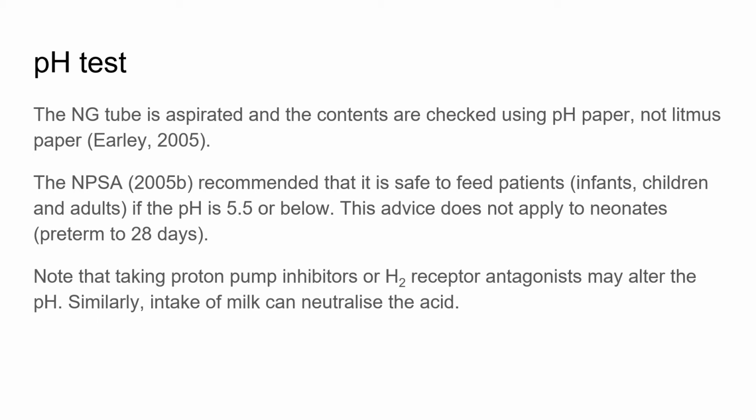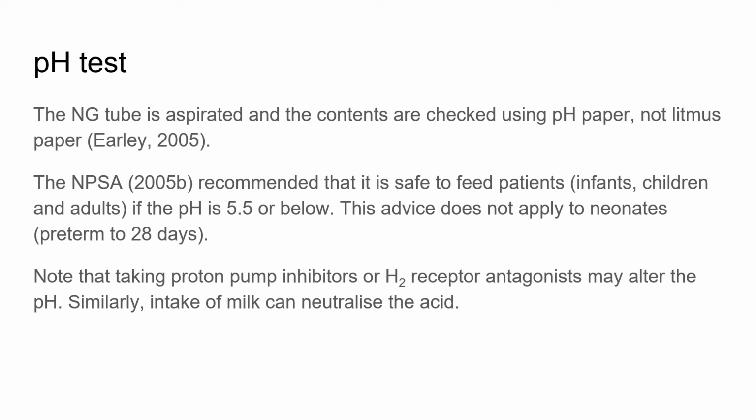Note that taking a proton pump inhibitor or H2 receptor antagonist may alter the pH. Similarly, intake of milk can neutralize the acid. So in such conditions, you have to be very cautious. If the patient has taken proton pump inhibitors, H2 receptor antagonists or milk, they may neutralize the acid, so the pH may be raised and not below 5.5.